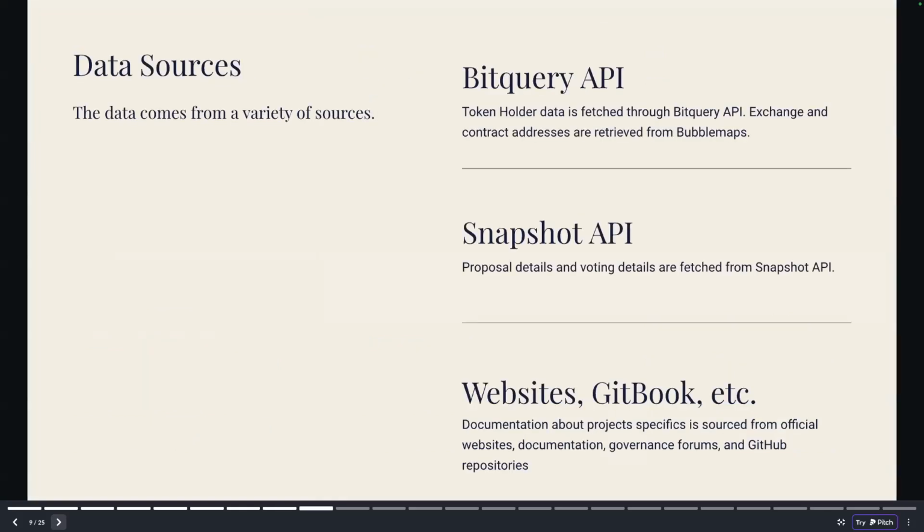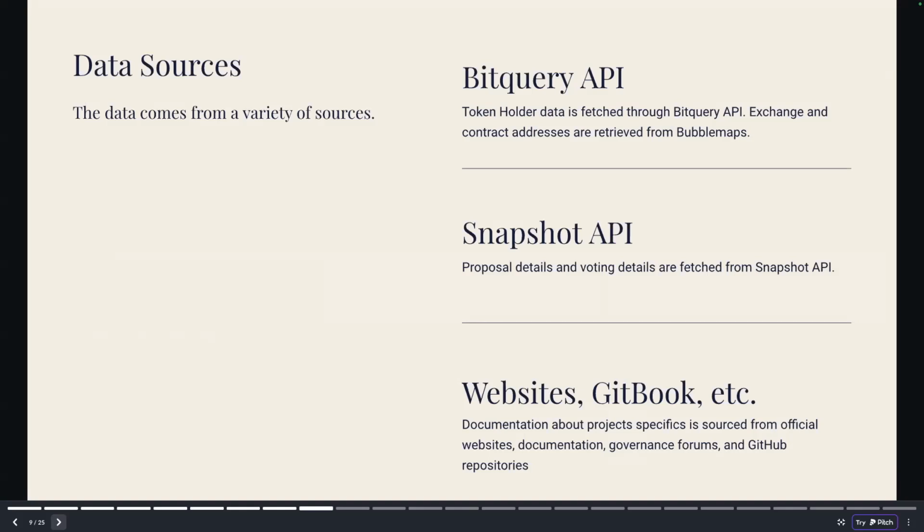My data comes from a variety of sources, primarily from the BitQuery API, where I fetched the token holder data. So basically for Uniswap, every wallet address that owns the Uniswap token over the time frame. I then used the Snapshot API.